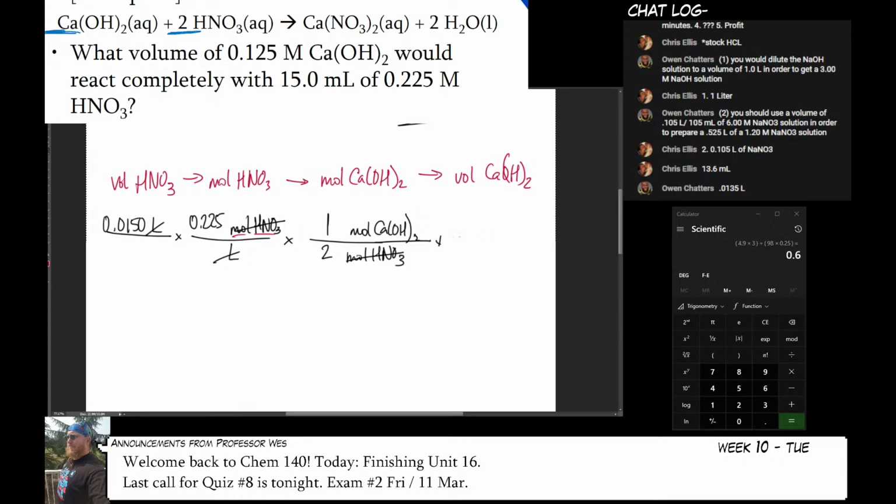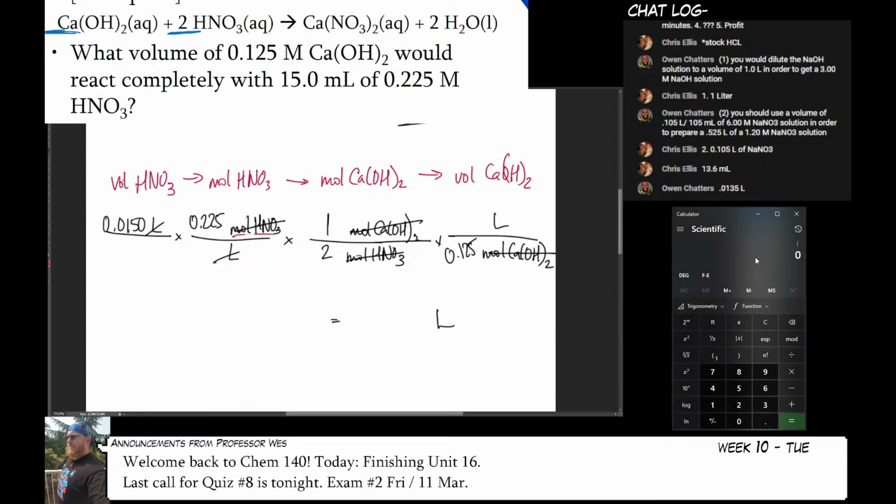And then finally, moles of calcium hydroxide per liter, and I need to look at the molarity of that. So that's 0.125 moles per liter. And this will give me the volume of calcium hydroxide, and I need the calculator.